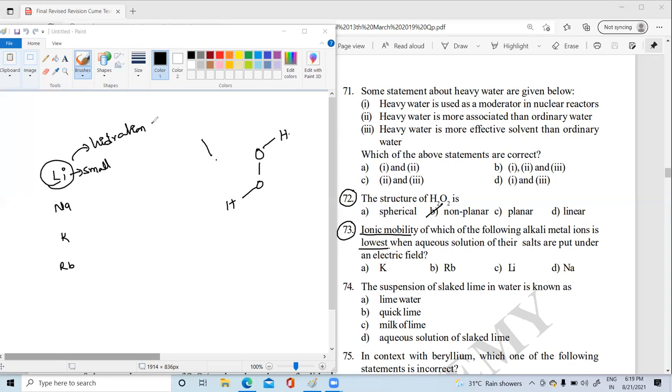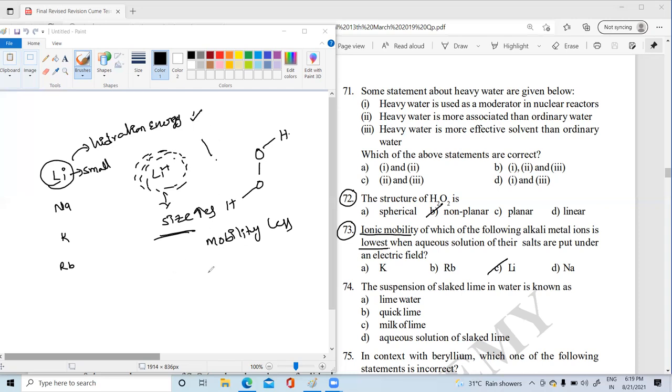If hydration energy is more, the number of water molecules surrounding the lithium ion is more. If the number of water molecules is more, the size of the hydrated lithium ion is more. If size is more, mobility is less. This is the answer, students. So the answer should be lithium, which has the smaller size, the higher hydration energy, and less mobility, students.